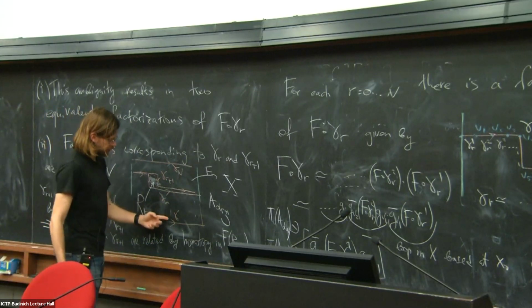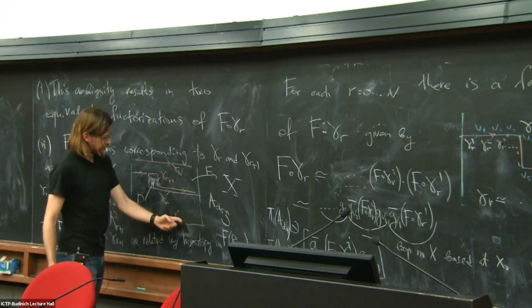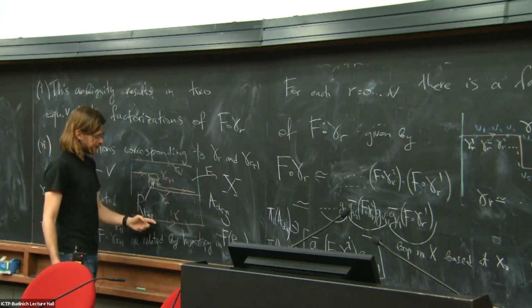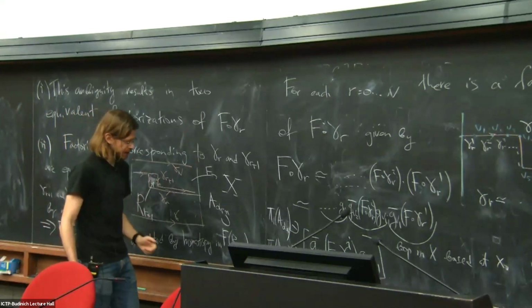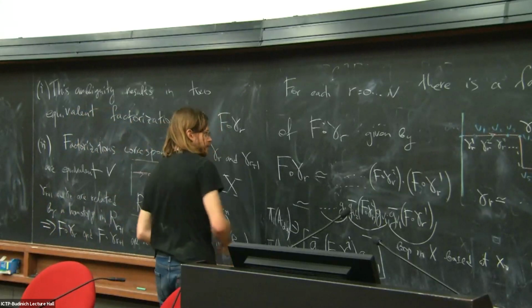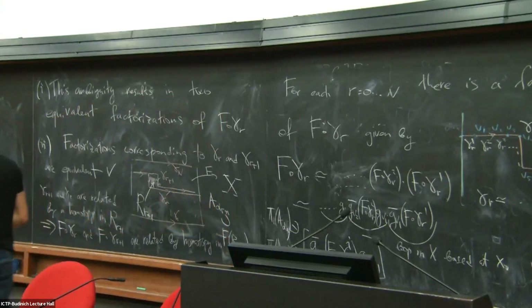So now we just need to show that for gamma 0 and gamma N we indeed get the factorizations which we started with. Remember, we started with a pair of arbitrary factorizations, and we want to show that they are necessarily equivalent.